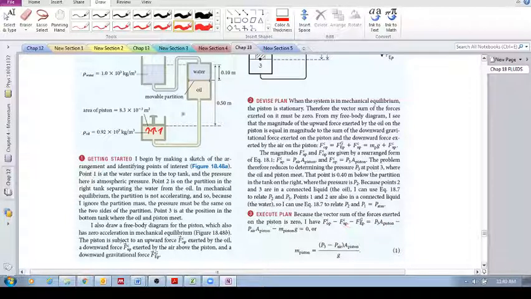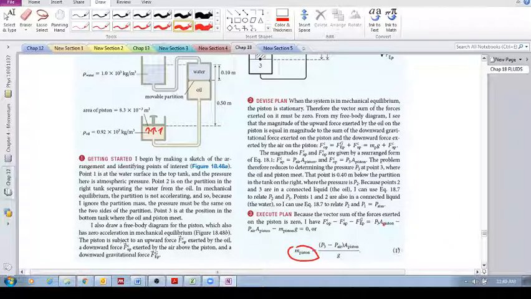Minus the force of the air pressure, which is simply the pressure of the atmosphere times the area of the piston. And then what is the force of gravity? That's simply the mass of the piston times gravity. And you can solve for the mass of the piston by rearranging those things.